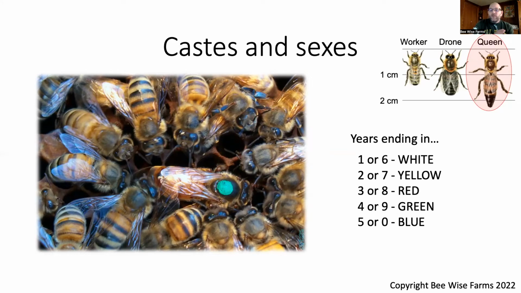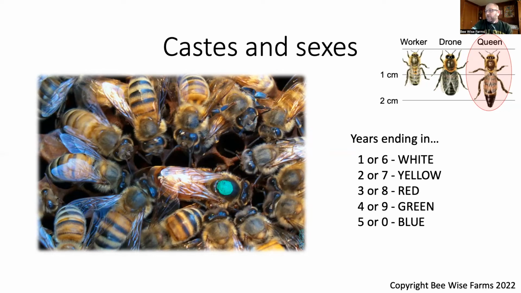Now, there is a color-coded international system that we use for identifying the age of queen bees. Queen bees can live multiple years, and so we need to be able to monitor how old these queens are over time. And so we use an international marking system where we mark the back of the thorax of queens in certain colors during certain years.